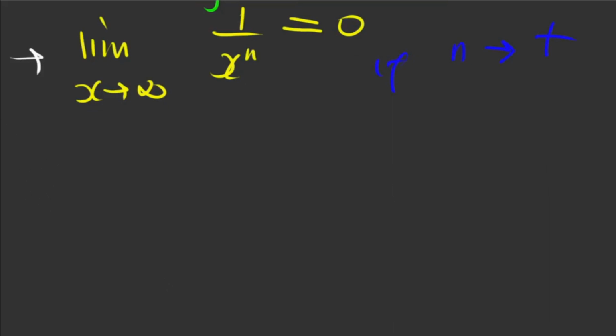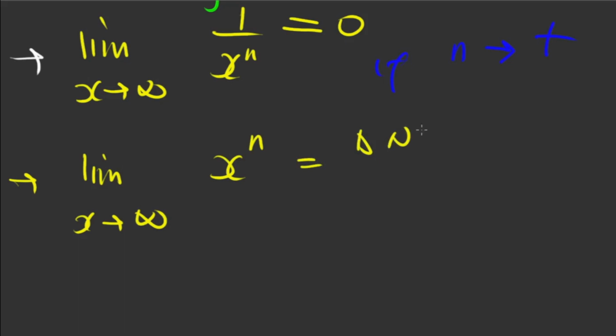And if you have a limit as x goes to infinity and you have x to the n, this does not exist if n is positive.